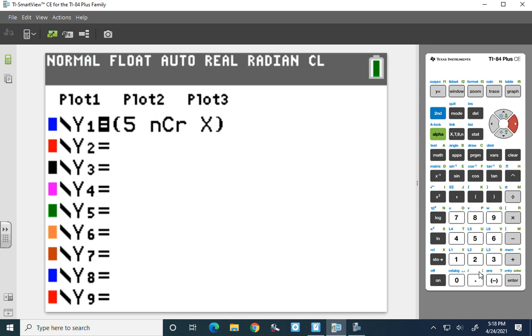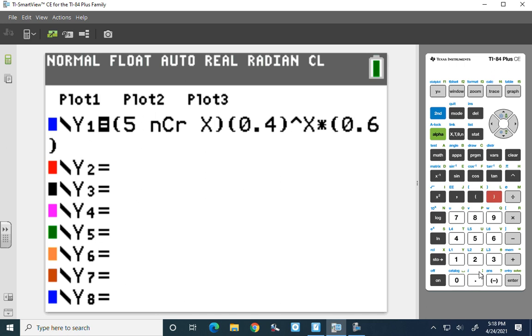And then it's 0.4 raised to the x power. And then we're multiplying that by 0.6 raised to the n minus x power. So that's 5 minus x power. There's our little equation. Let's go to our table.